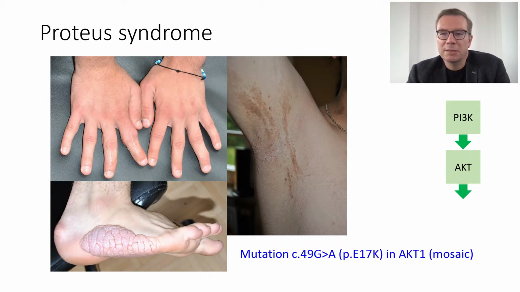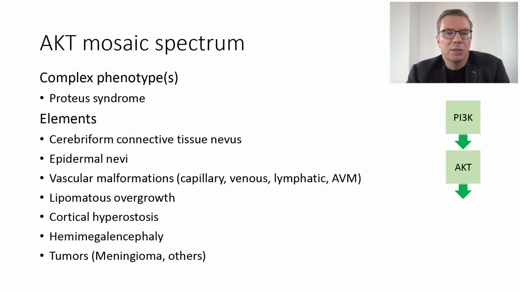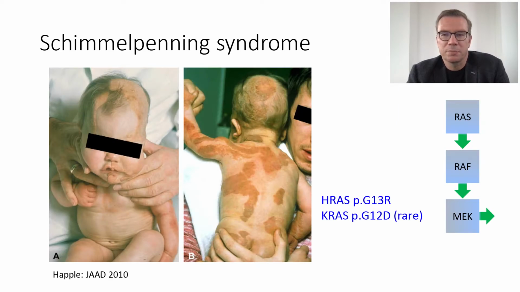Proteus syndrome is a classical mosaic disorder with AKT mutations, and it consists of cerebriform connective tissue nevi, epidermal nevi, vascular malformations, lipomatous overgrowth. So you see a lot of overlap with PROS and also tumor formation.